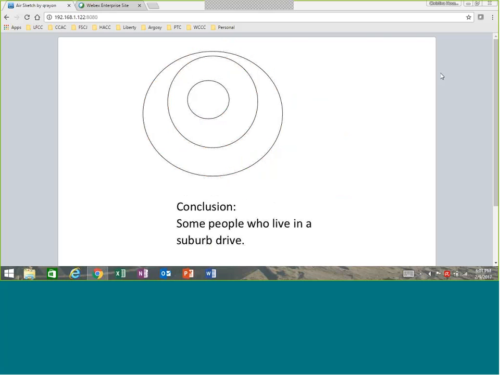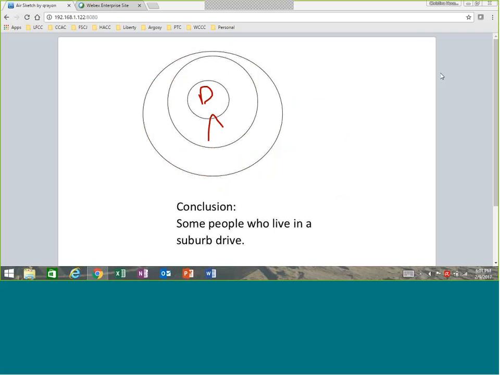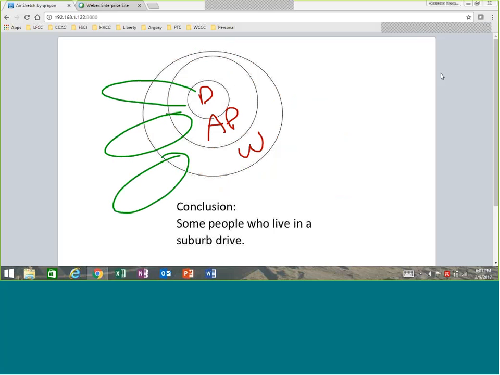Okay, same picture. This is drive, air pollution, worse. And our suburb circles look like that, or like that, or like that. So these are my suburb circles.